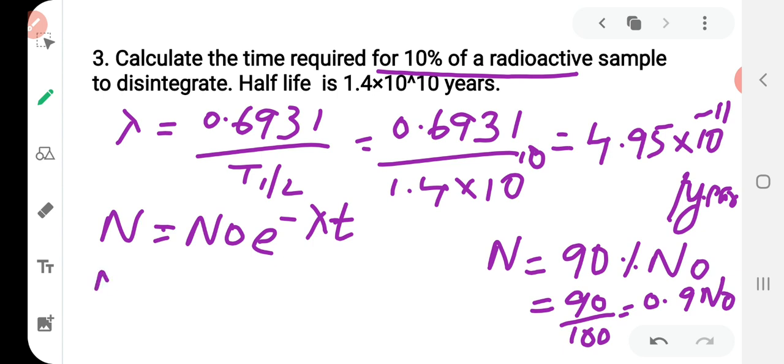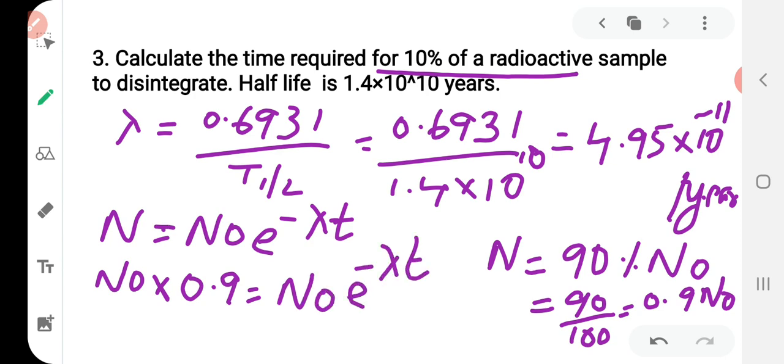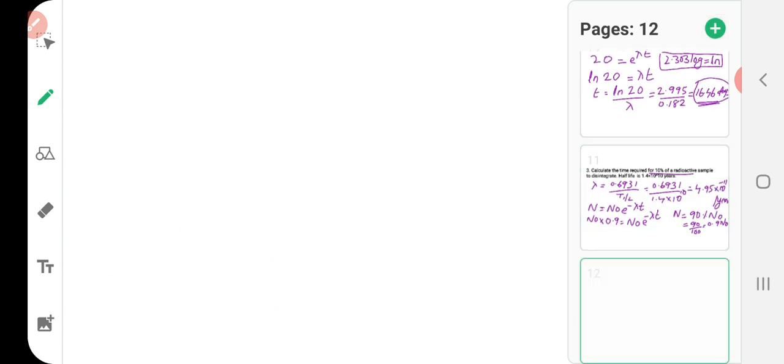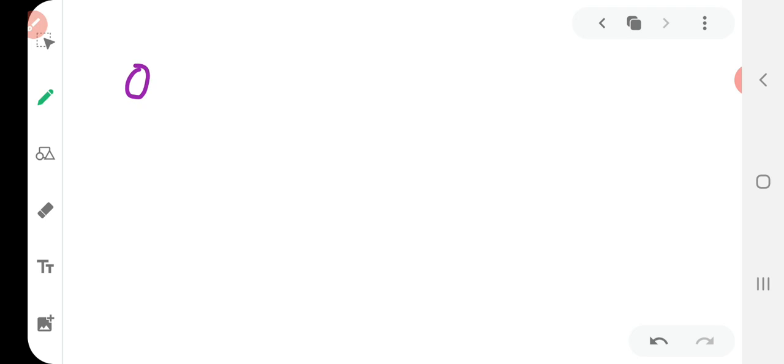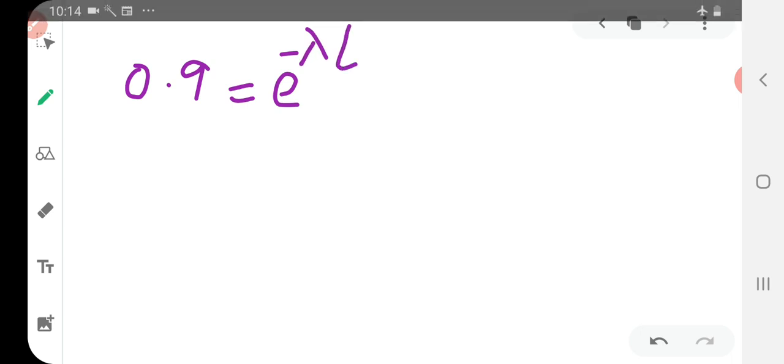So N is N0 into 0.9, that is equal to N0 e raised to minus lambda t. N0 and N0 get cancelled, so we get 0.9 is equal to e raised to minus lambda t.